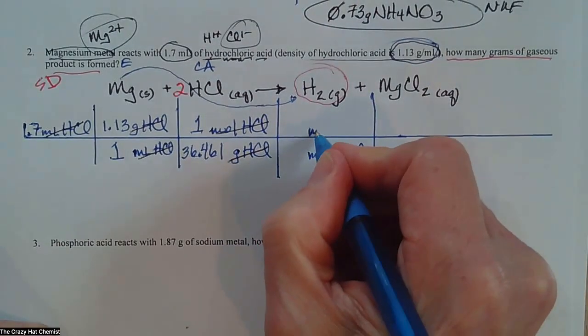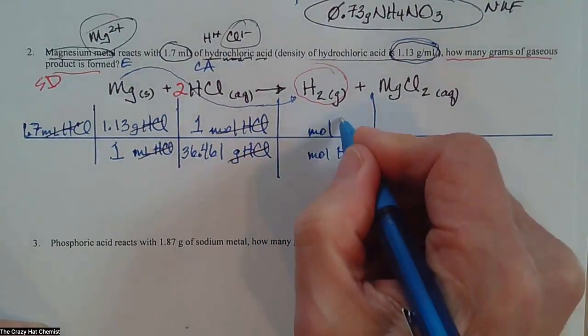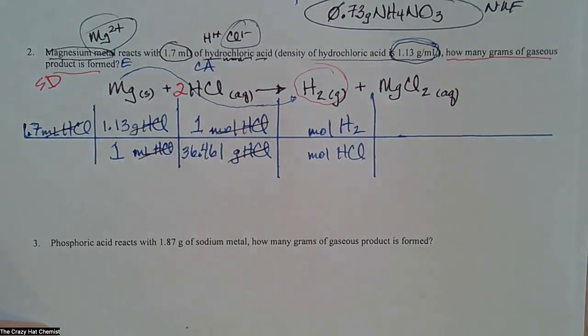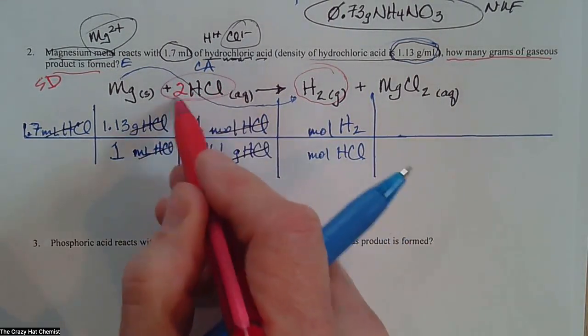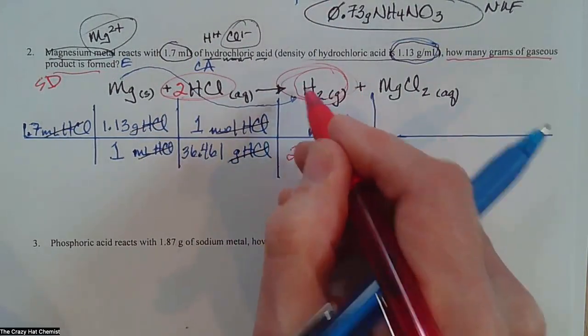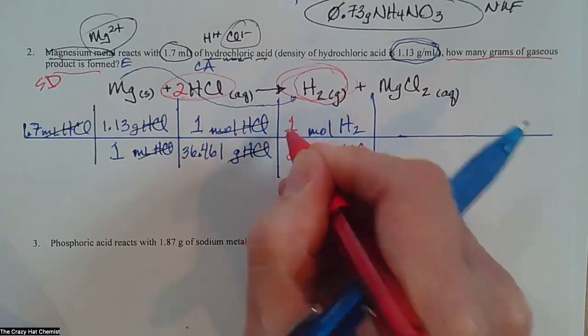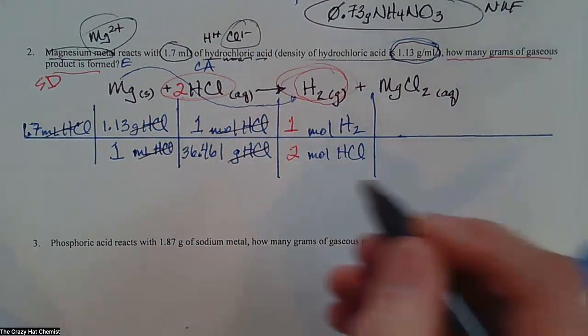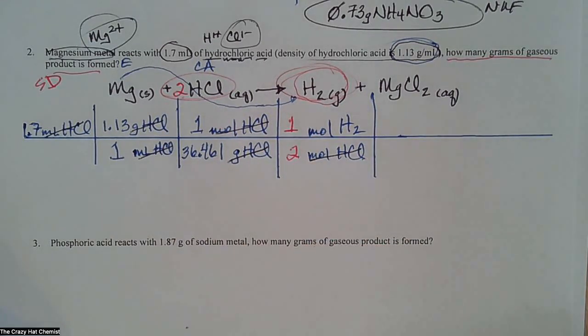And then I'm going to have moles of whatever it is that I want, and that's going to be H2. And then we're going to use our stoichiometric coefficients from our balanced equation. The number in front of the HCl is a 2, so that's why this is a 2. The number in front of the hydrogen is an assumed 1. That's why that is a 1. Now I can cancel out the moles of HCl. And we are almost there. We have only one more thing to do.